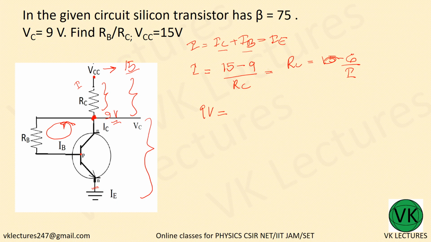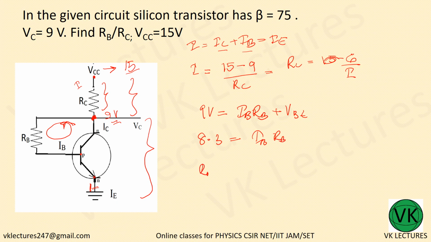Because there is no voltage drop across these points, so up to here you can consider. So what is RB? You can write 9 volt equals IB times RB plus VBE, which you can put as 0.7. So 8.3 equals IB times RB.